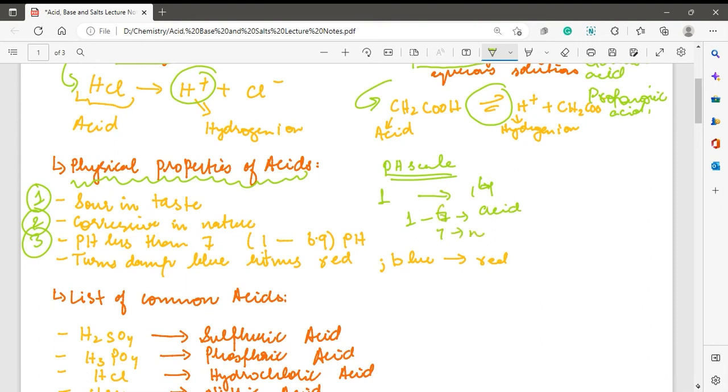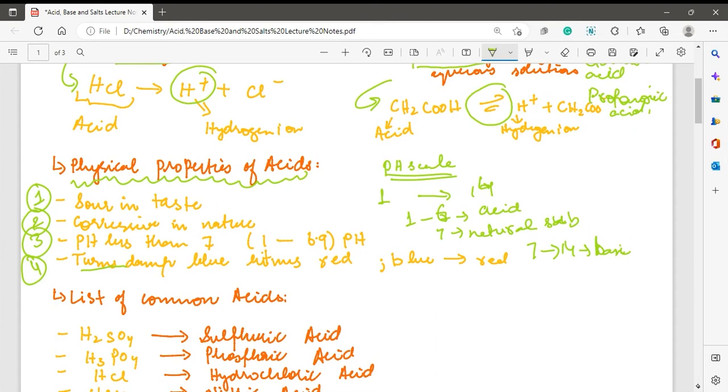The 7 represents neutral substances like water and salt, and pH more than 7, like 7 to 14, represents basic substances, which we'll discuss later. So the third property is that the pH of acidic substances is less than 7, from 1 to 6.9.